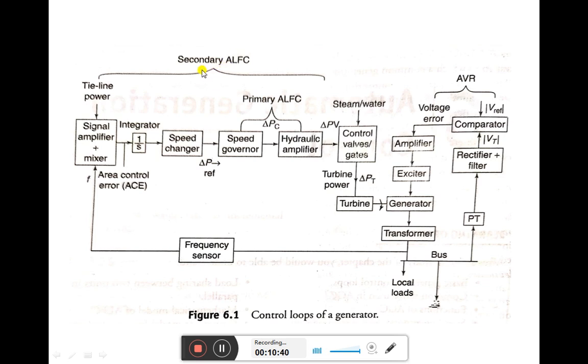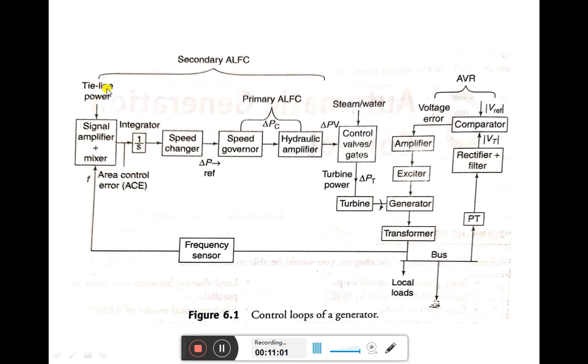Now let us see what this secondary ALFC is. In secondary ALFC, you can see that from this tie line power up to this hydraulic amplifier block, we have shown this part as secondary ALFC. There are some more additional blocks here.